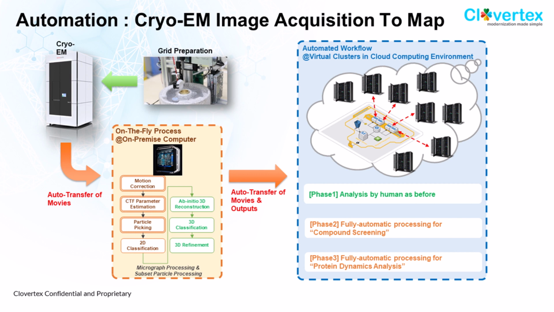Currently, people who want to use this method have to learn very intense or deep theory to use it and get a really high resolution structure map. But this is not practical. So what Clovertech, Dr. Kihara and I are trying to do is automate this procedure.